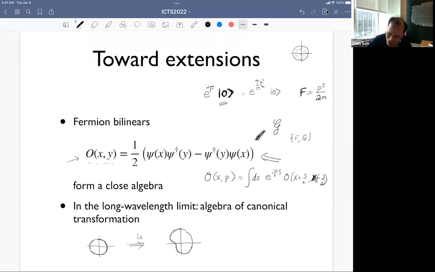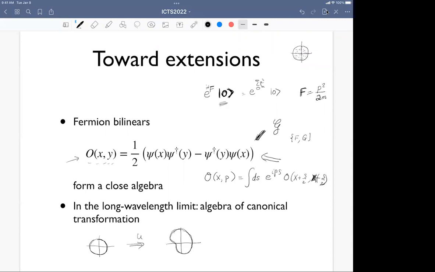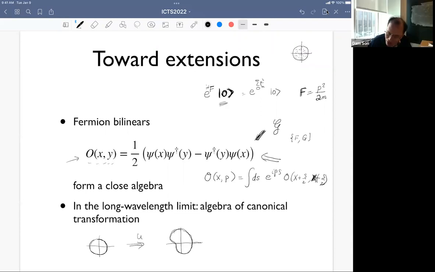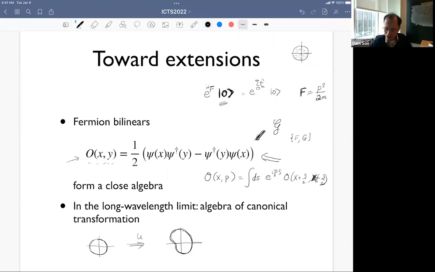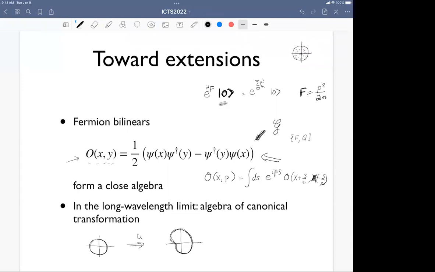I see. The total volume should be invariant, and also the topology cannot change. We still need to have just one single surface with no hole inside. So is the coadjoint orbit an infinite dimensional space, or is it finite? Infinite dimensional. Okay. And in the fermion bilinear, what is the coadjoint orbit? How does it look?